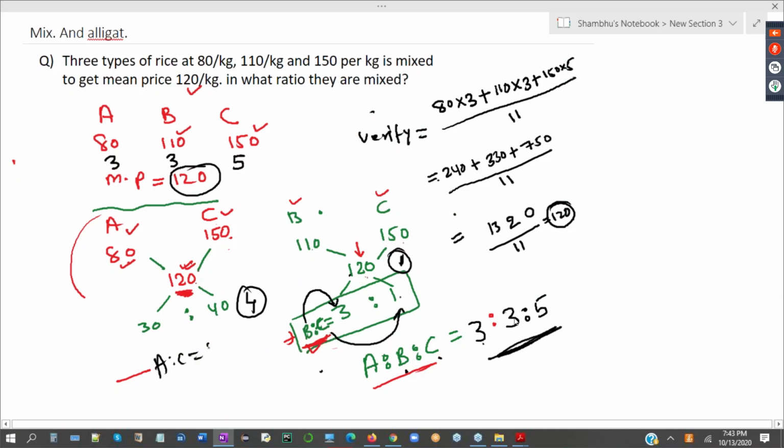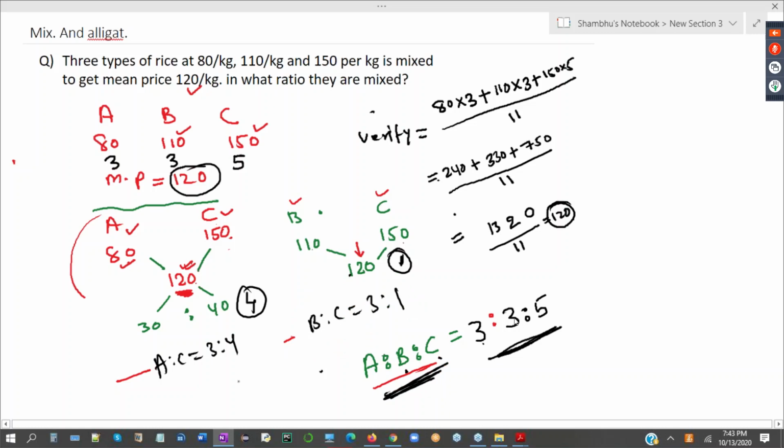Many of you are asking again: A is to C is 3:4, B is to C is 3:1. How did I write ABC? A in AC and BC is only once. What is the value of A? 3. I wrote here 3.